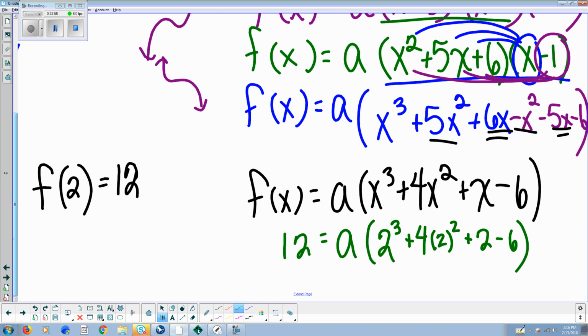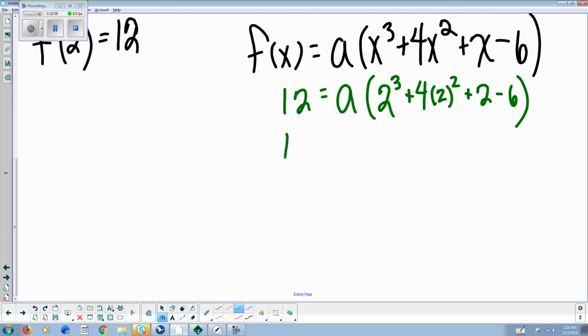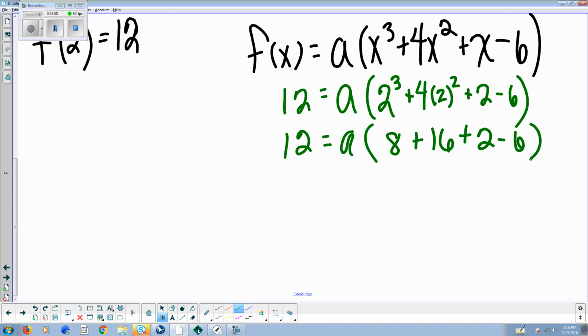So now I simplify this. 2 cubed is 8. 2 squared is 4, and 4 times 4 is 16, plus 2 minus 6. 8 plus 16 is 24, and 24 plus 2 is 26, and 26 subtract 6 is 20.